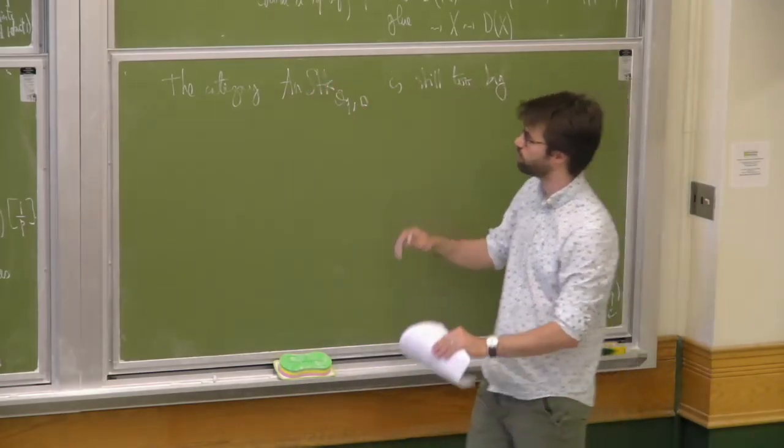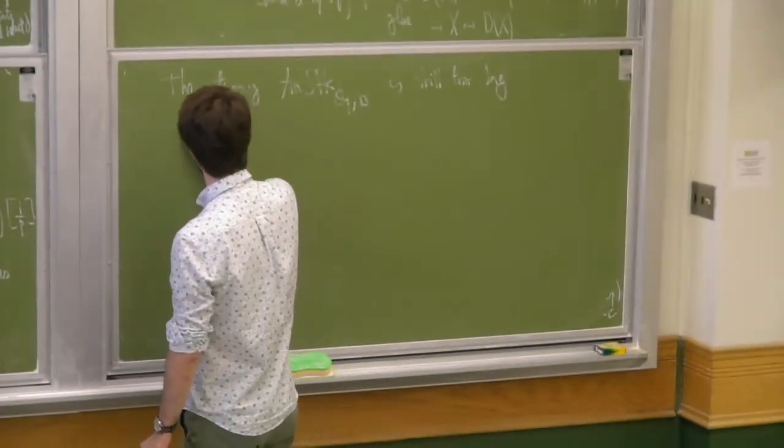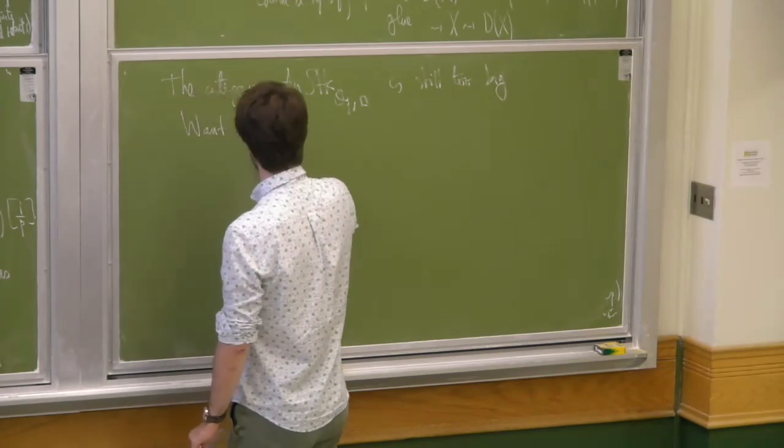And so we want to disregard examples like... we want a more restricted class of rings.